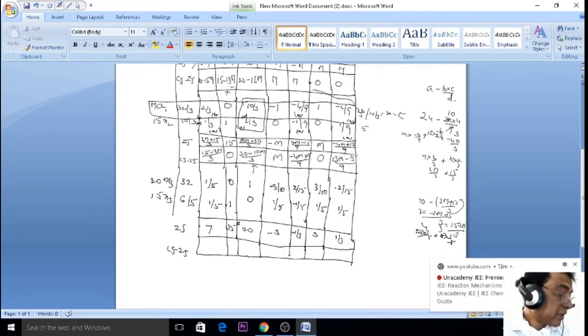So what are the Cj? 10 minus 7, 3, positive. 15 minus 15, 0, positive. 20 minus 20, 0, positive. The next one is 0 minus of minus 3, positive. And 0 minus of minus 1 by 3, positive. And M minus 3, and this M minus 1 by 3.